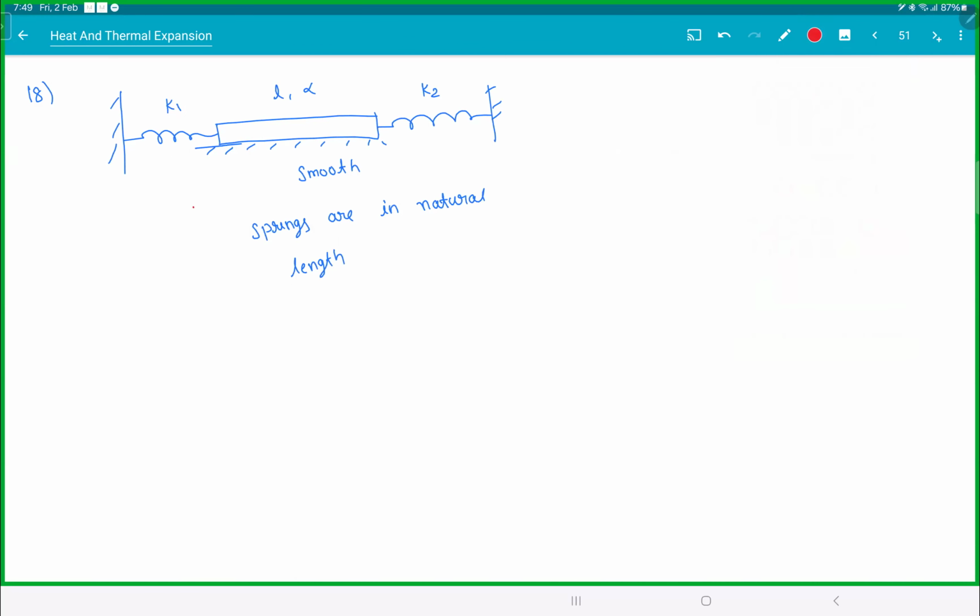So someone gave heat Q to the rod. Find the change in temperature of the rod and the compression in the springs.